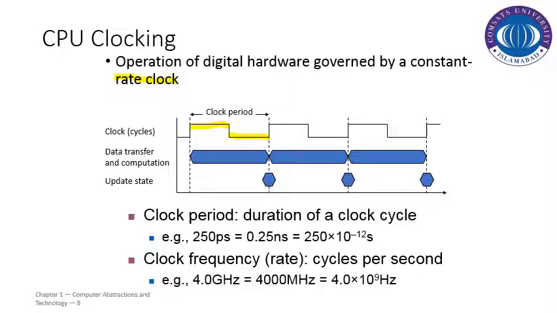The CPU time is also affected by the clock period. Either we can represent it with respect to the clock period, the duration of the clock cycle, or we can have a rate, the clock frequency, which is cycles per second. These are the two examples that represent the clock period and the clock frequency.